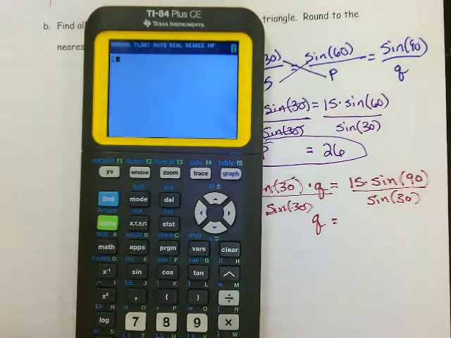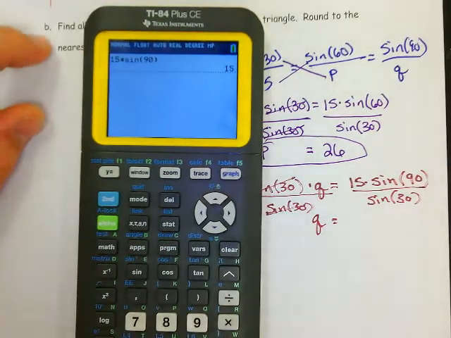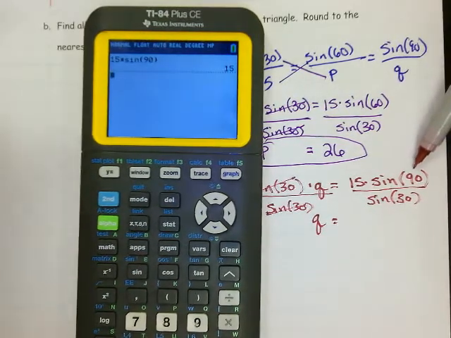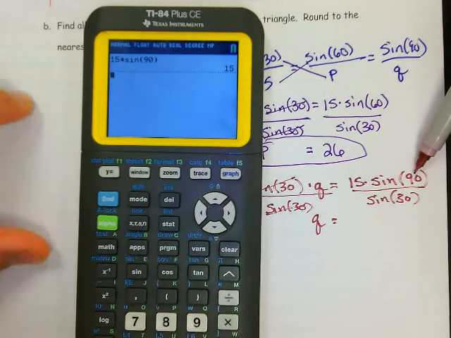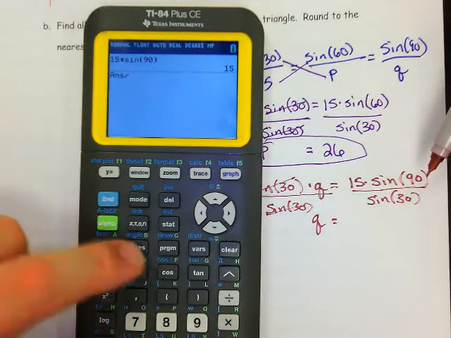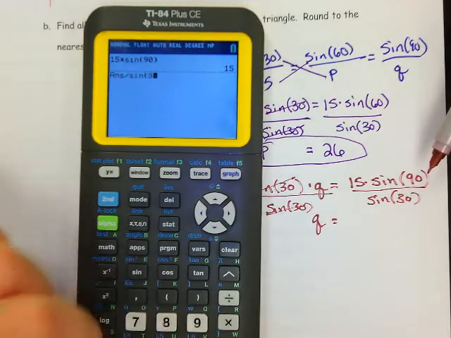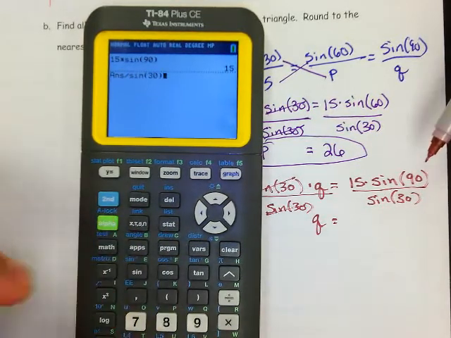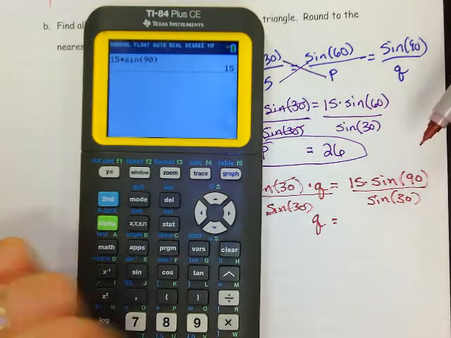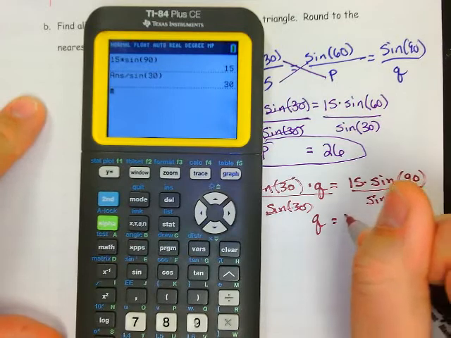Here we go. 15 times the sine of 90, close your parentheses. That gives me 15 because the sine of 90, opposite over hypotenuse of a 90-degree angle, is 1. Take that result, divide it by the sine of 30. Now we already know it's going to be 30 because it's a 30, 60, 90 triangle. Guess what? There it is.